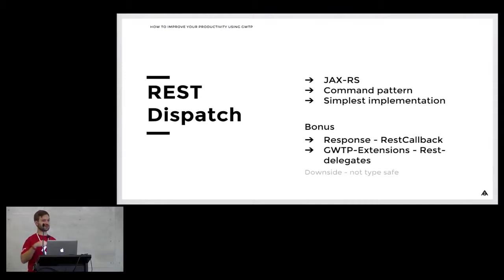So that's why we extracted it from GWTP. It's for users that know what they're doing, but the resource delegate hides the type behind, so you really need to be careful when using the REST delegates. But at the same time, it reduces a lot of the code that you have to write to call a single service. You don't need the dispatcher anymore.